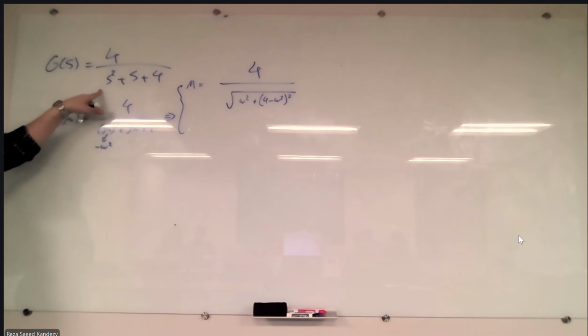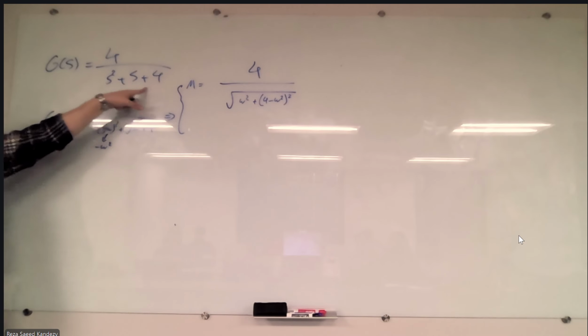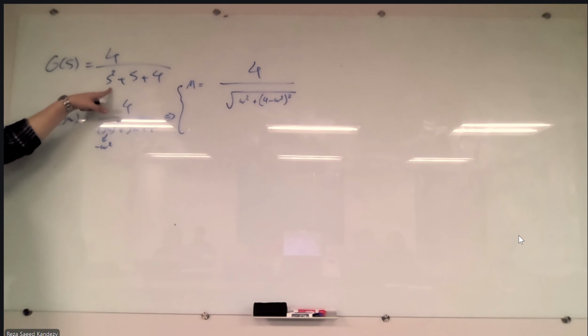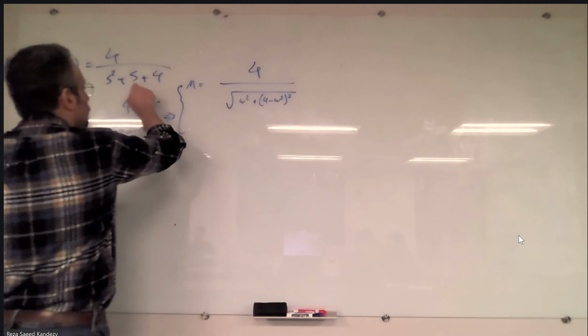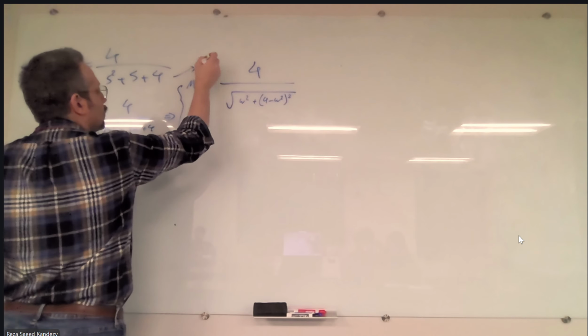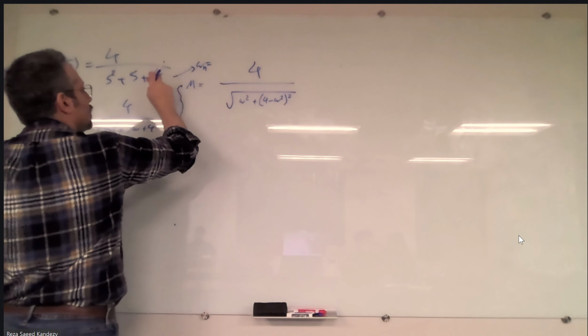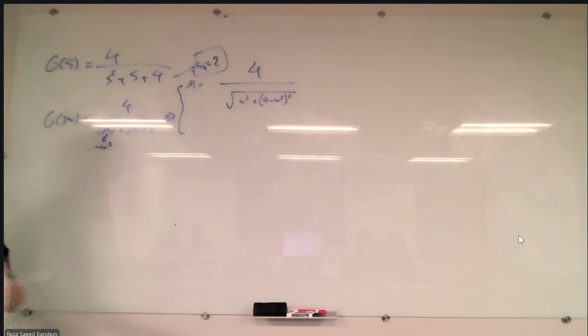And if we have that, whatever constant number we have is going to be omega n squared. So by the look of this transfer function, we know that omega n for the system is going to be the square root of 4, which is 2. Because the cutoff for our second order is going to be omega n.